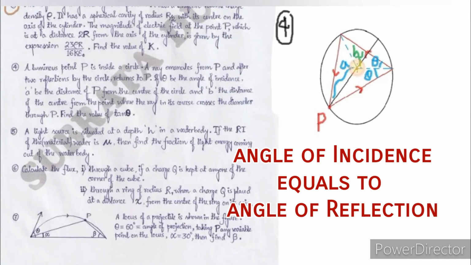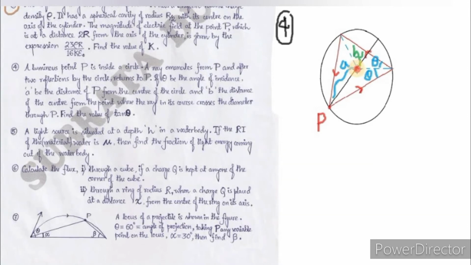So P is shown. This is the center of the spherical mirror, that is C, and it is the point where the diameter intersects the ray. At this point I am giving the name D.